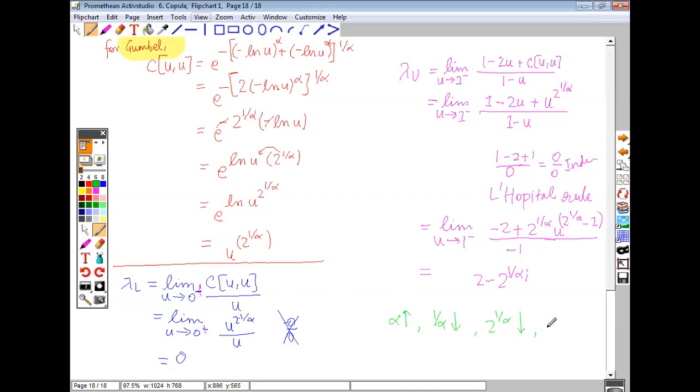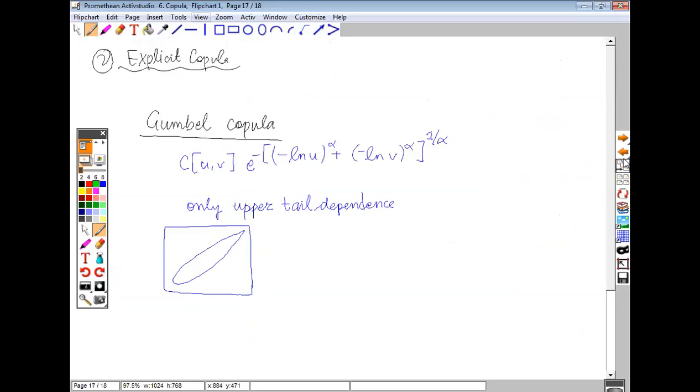And if this decreases, my minus of 2 raised to 1 upon alpha will increase. Which is why, as alpha increases, so does the upper tail dependence. So the higher the value of alpha, the more degree of upper tail dependence you will observe in your Gumbel copula.